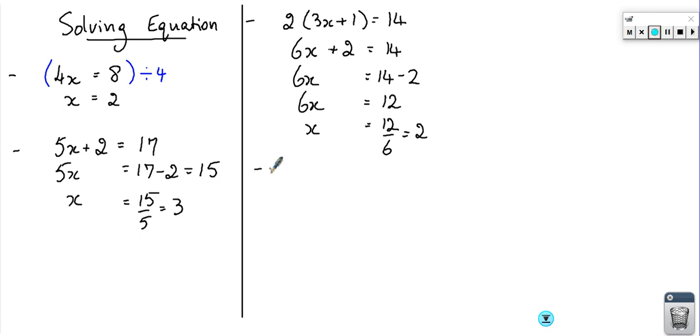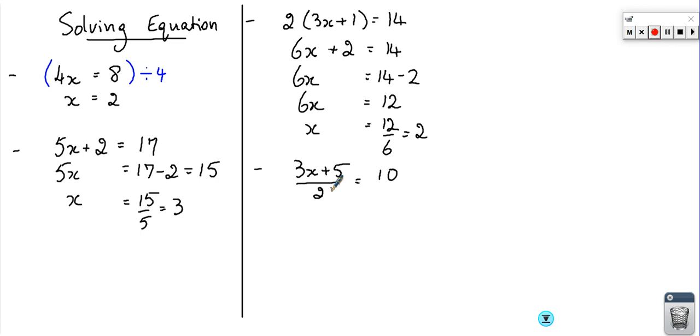Sometimes equations can be a little bit harder. For example, solve (3x plus 5) on 2 is equal to 10. I need to solve that equation. So what am I going to do? In this case, it's impossible to subtract 5 from both sides, but we can multiply both sides by 2.